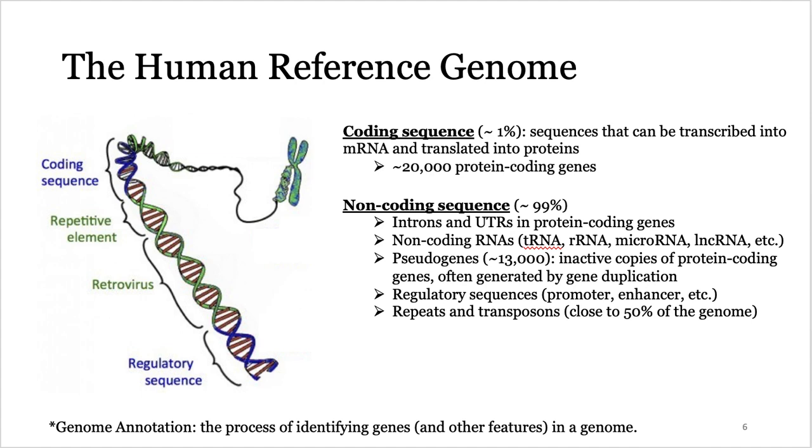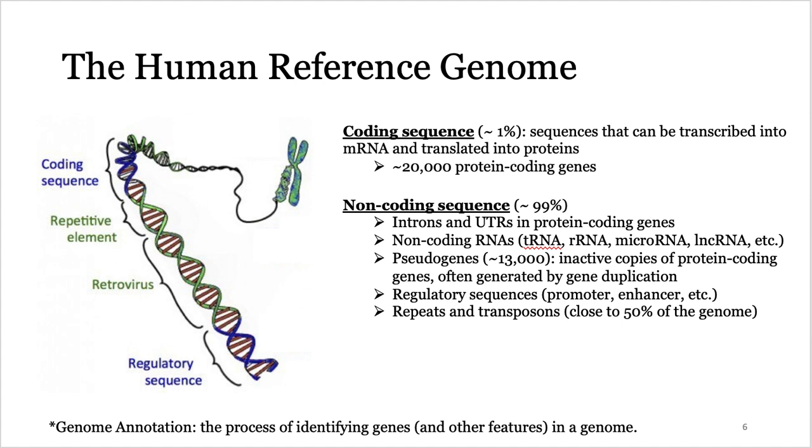There are also a huge number of pseudogenes. If you look at the number for protein coding genes, it's about 20,000, and there are about 13,000 pseudogenes. Pseudogenes are basically copies of protein coding genes. Sometimes in evolution, a specific protein coding gene is duplicated, so you have two copies of that gene.